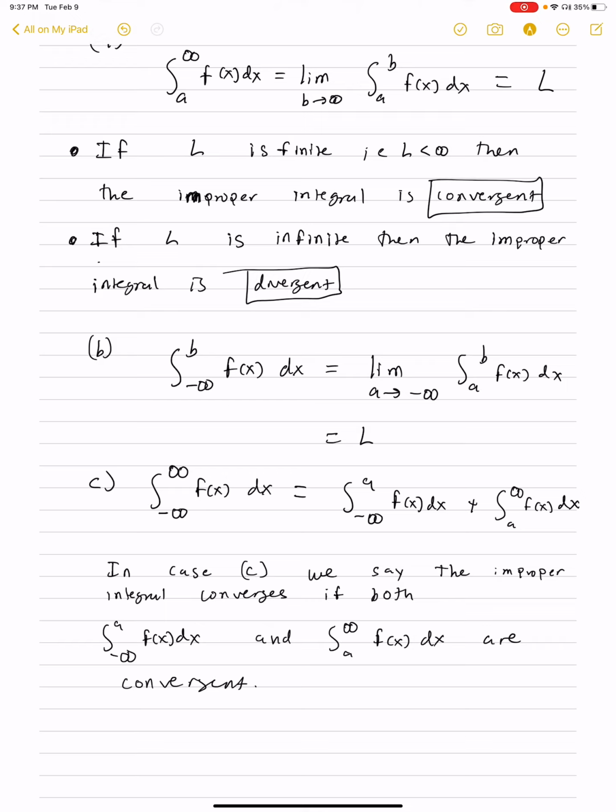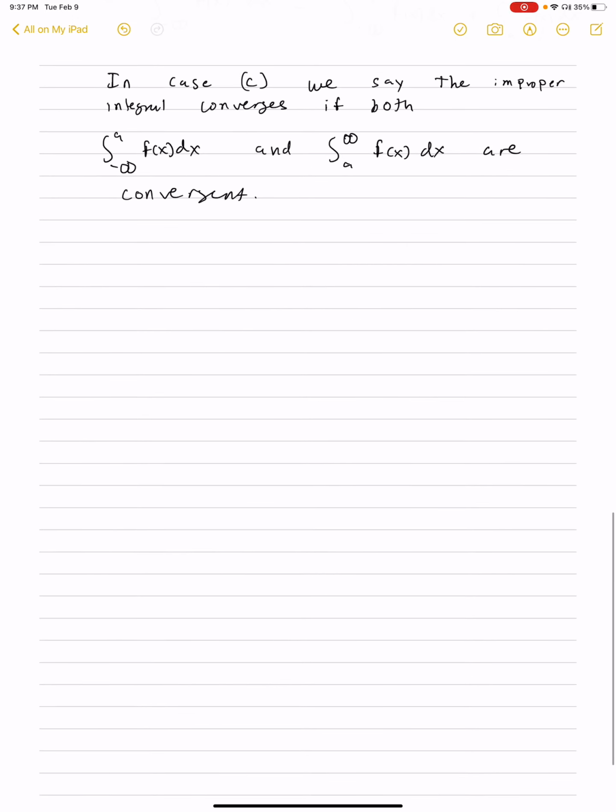Now, each of these scenarios are treated in A and B, and the question is, do they have a finite amount of area in both improper integrals? If it's yes, then it's convergent, yes to both. If it's no to just one, then it's called divergent. And let's give an example of this.